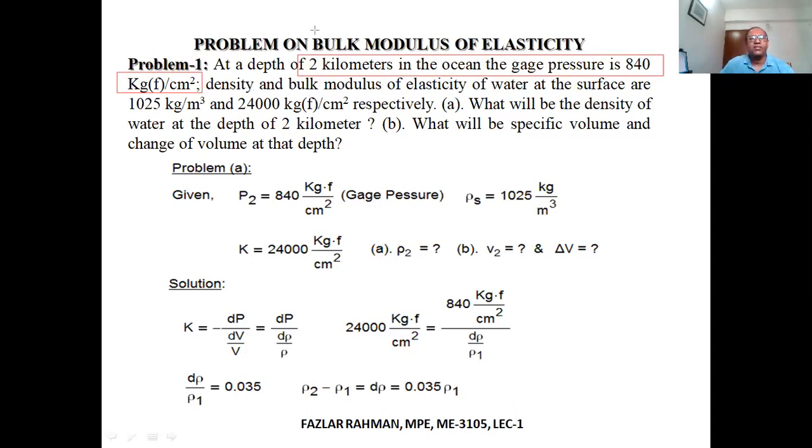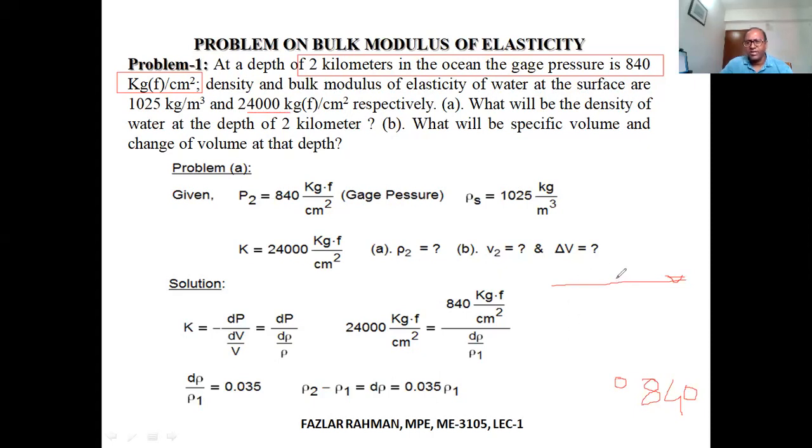So if I make a straight line, this is the top surface of the ocean. Say at 2 kilometers right over here, 840 is the pressure. Density and bulk modulus of elasticity at the water surface are 1025 kg per meter cube and 24,000 kg per centimeter square.